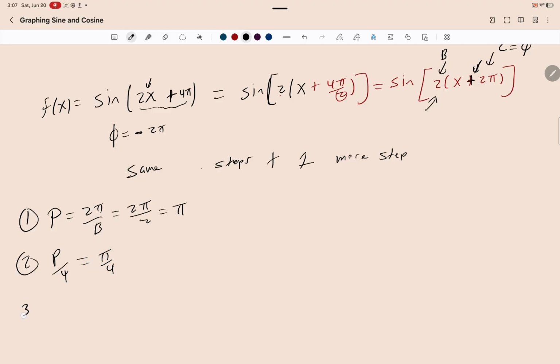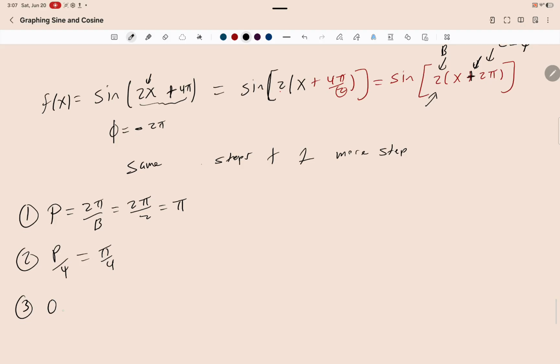Then step 3, again, I'm going to start at 0. Then I'm going to add pi over 4 to each previous step to get the next number, which would be pi over 4. I'm going to keep adding until I get pi. This is going to be 2 pi over 4. Don't simplify now, I like to simplify towards the end. So I get 3 pi over 4.